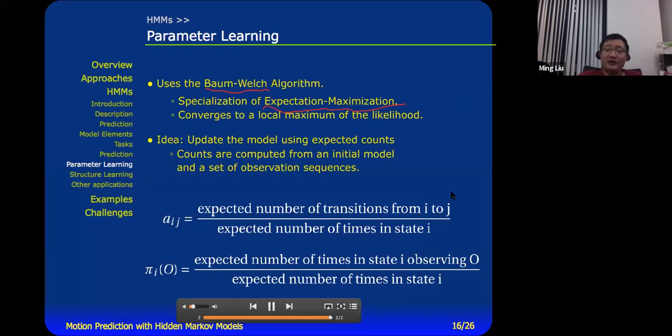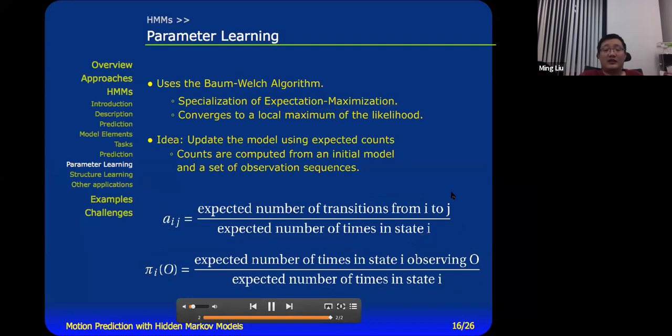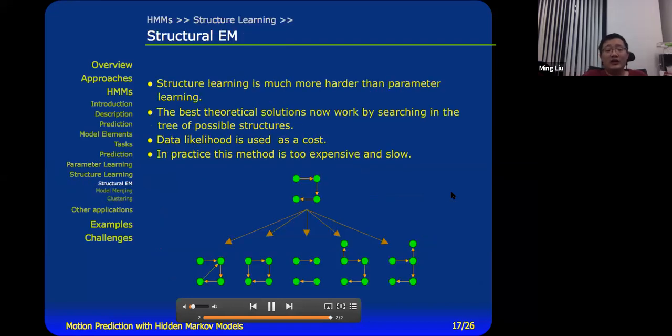We can use the expected number of transitions over the expected number of times in the state to update A. Secondly, for the observation model, we can use the expected number of times in the state observing O over the expected number of times in state i to compute the observation model. That's the update rule. We can use structured expectation maximization to further help reduce the computation cost.